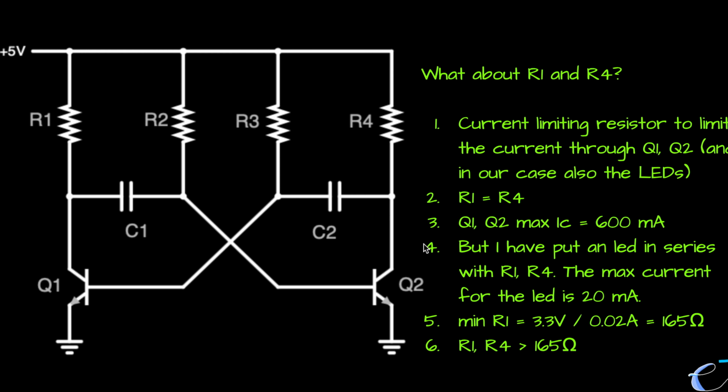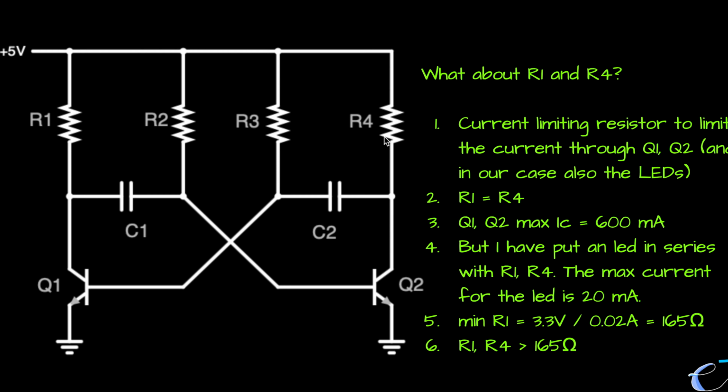Now, if you look up the data sheet for Q1 and Q2, these are, as I said, 2N2222 transistors. It's around 600 milliamperes. So we should normally take 600 milliamperes current and find the minimum resistance that's required for the current to be below this. That's not what we are going to do. Why? Because we are going to put LEDs in series with R1 and R4.